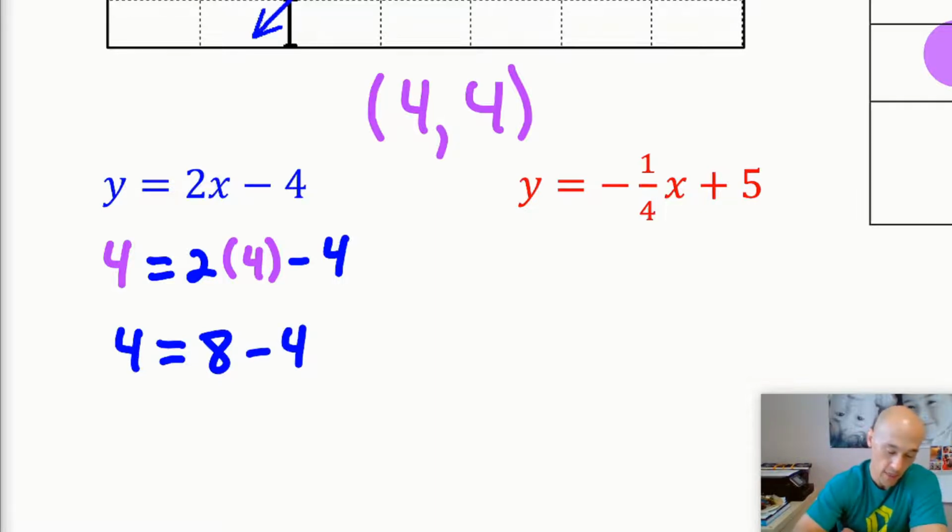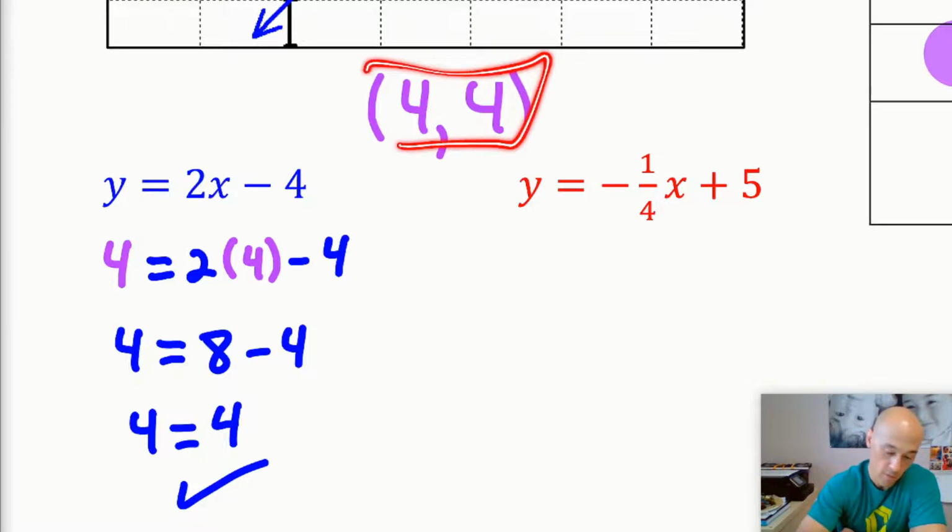On the left-hand side, we have 4, and on the right-hand side, 8 minus 4 is 4. It checks. That tells me that the point (4, 4) is a solution to this equation. It makes the equation true.